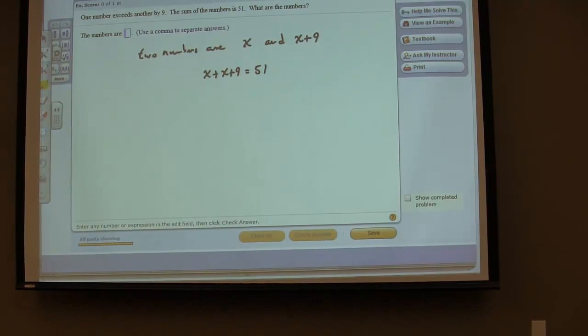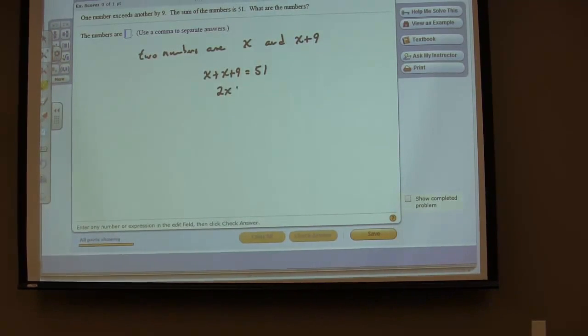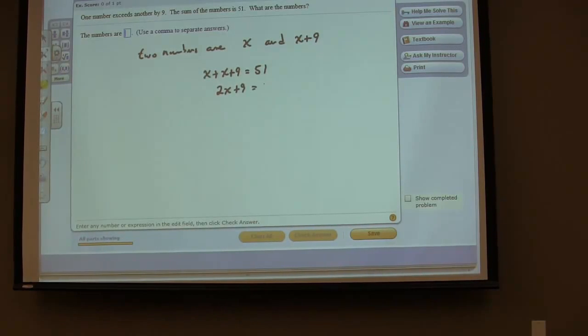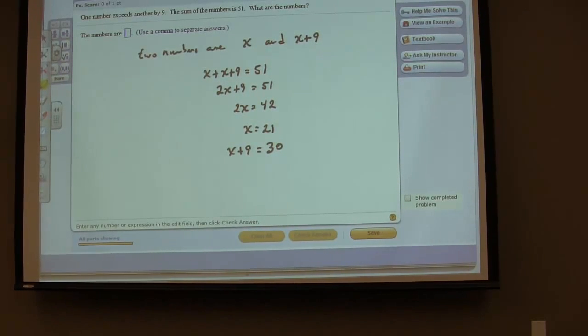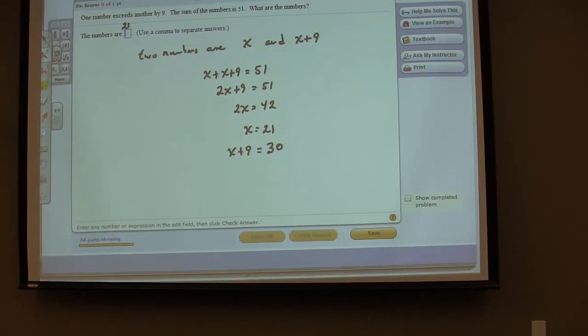But that's 2 x's plus 9 is equal to 51. Or 2x is equal to 42, or x is equal to 21, and the other number now, don't forget that, is equal to 21 plus 9 is 30. So the numbers are 21 and 30.